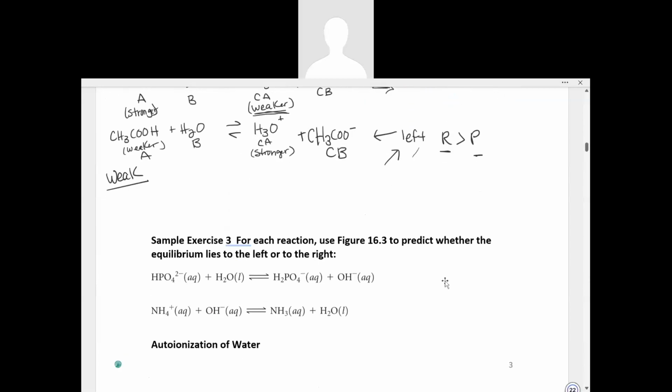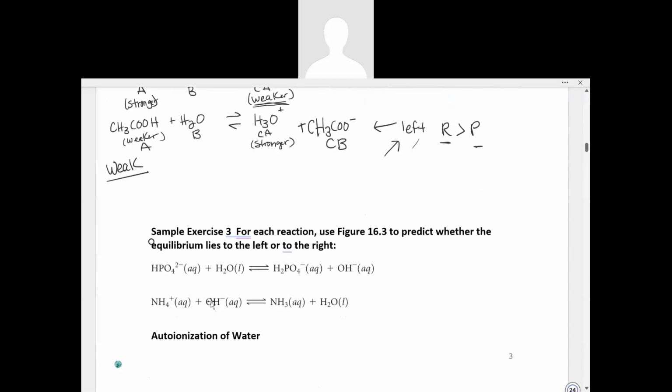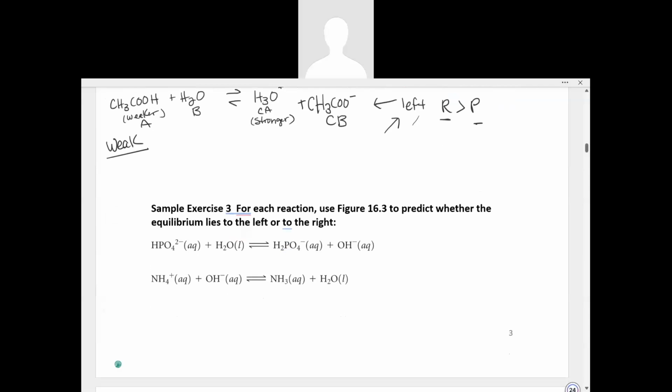So we can move here to take a look at sample exercise 3. And we're asked to use the figure above to predict whether our equilibrium will lie to the left or to the right. So we also can state then will we have more products or reactants at equilibrium. So let's take a look at our first case here.